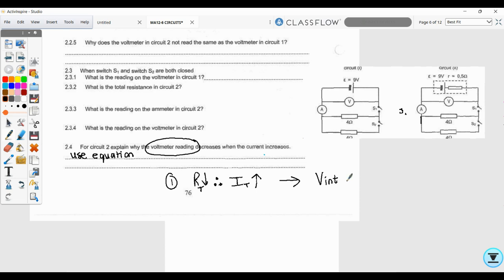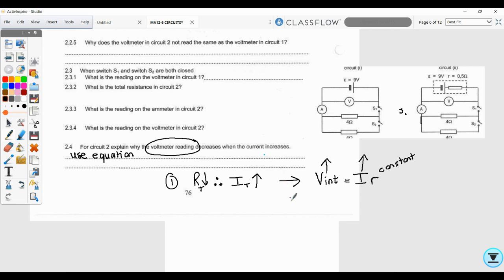So V internal or V lost is I times little r. But what do you know about little r? It's the internal resistance and it's constant. Please, if you don't mention the constants, you will lose a mark. It's constant. So if little r is constant, but I goes up, what's going to happen to V internal? It's going to go up.